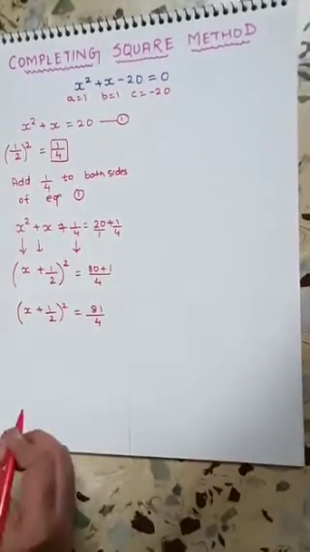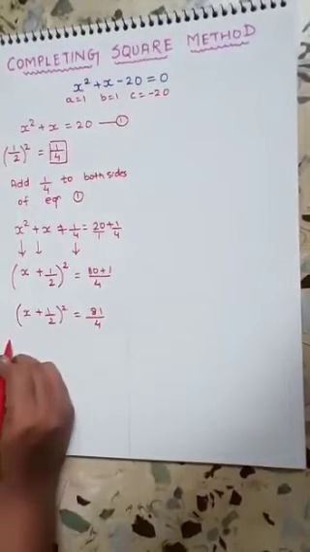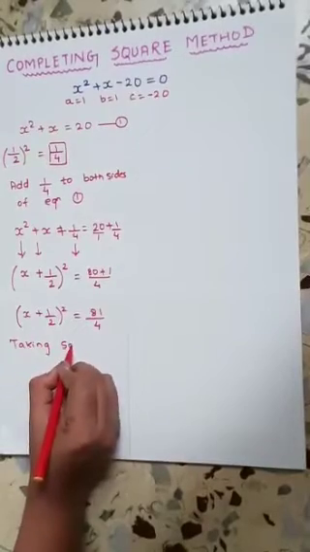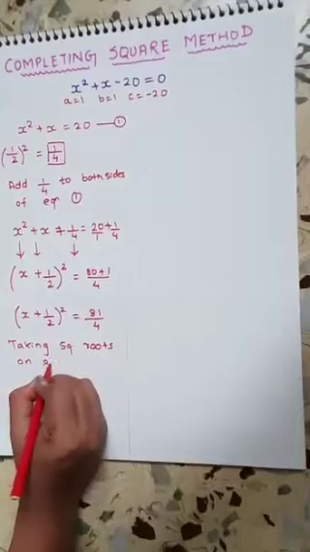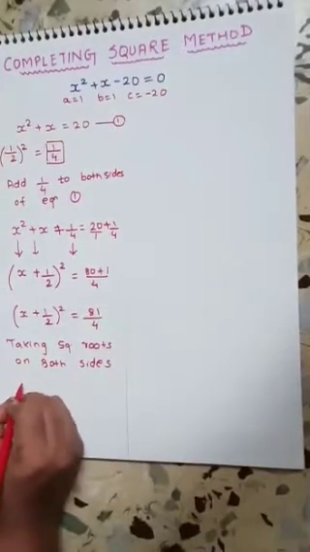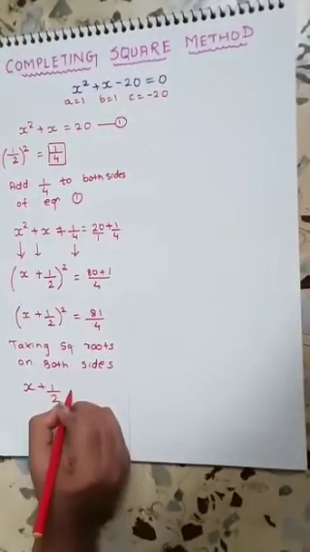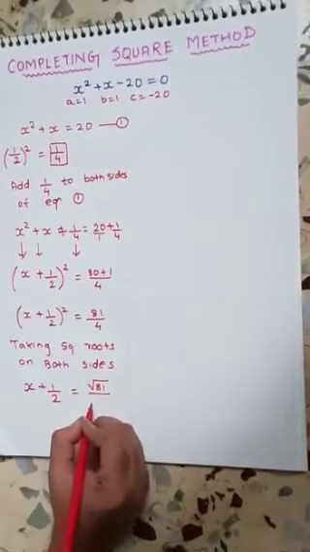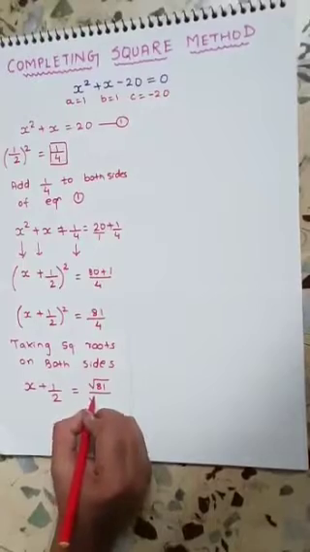Next step is to take square roots on both sides. So taking square roots on both sides, it's going to be x, remove the square sign, x plus 1 upon 2 is equal to square root of 81 upon square root of 4. So I'll just write it as taking square root.